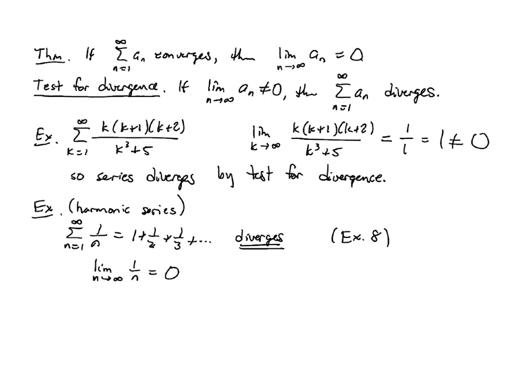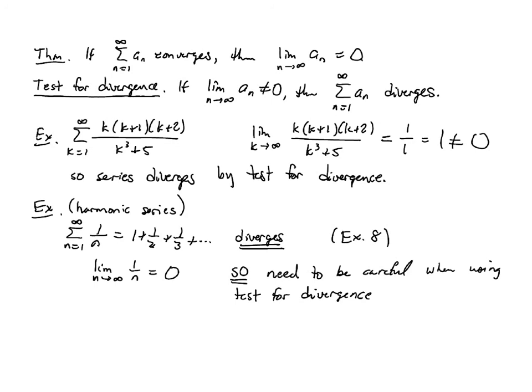And so the point of this example is that we need to be careful when we're using the test for divergence, because you can only conclude from the test for divergence that a series diverges.